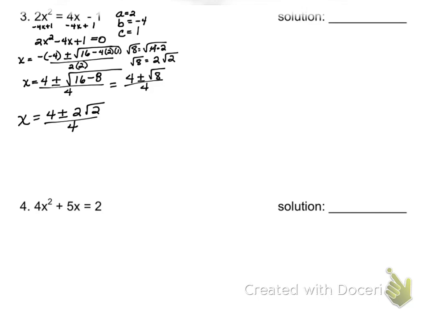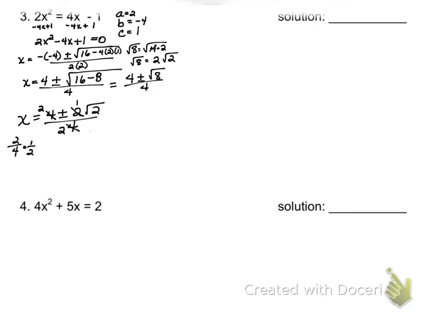Now I need to reduce this fraction. I can divide the 4 here by the 4, the first term in the numerator, but the second has no 4, it's got a 2. So 2/4 would actually reduce to be 1/2. So the only thing I can divide everything by is 2. So I'm going to divide the 4 by 2 and get 2, divide this 4 by 2 and get 2, divide this 2 by 2 and I'll get 1. So I've divided everything by 2.